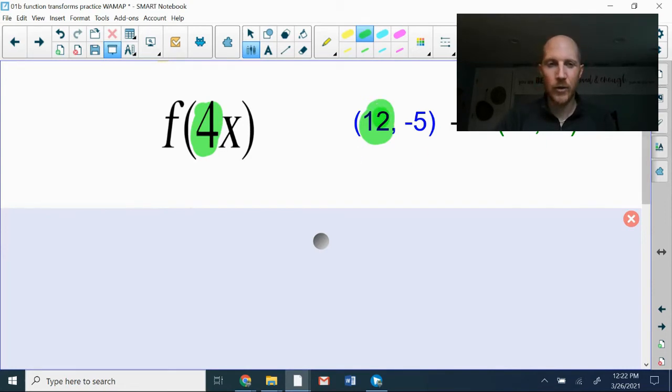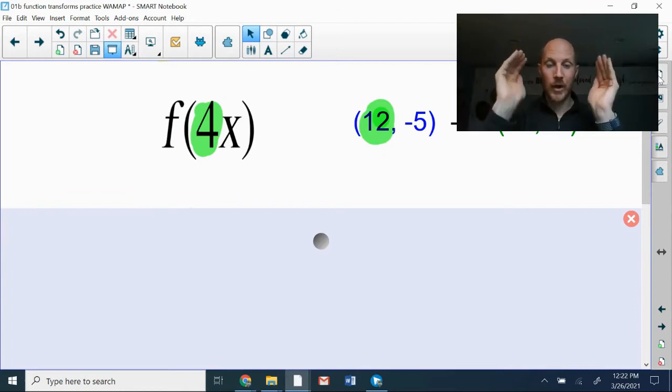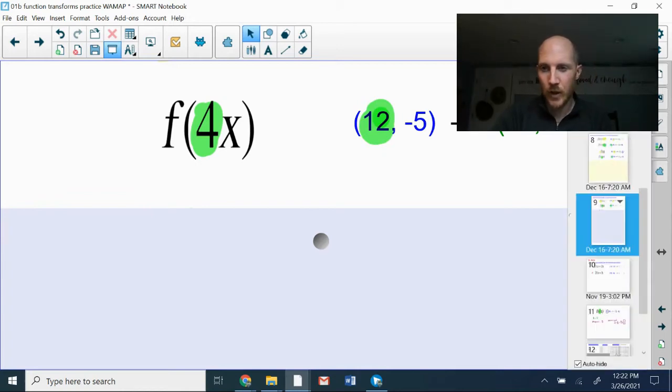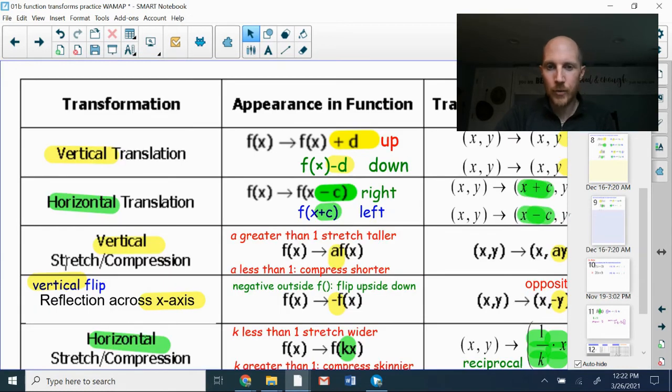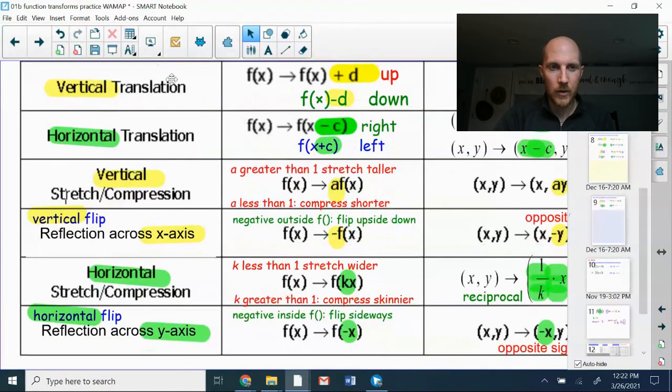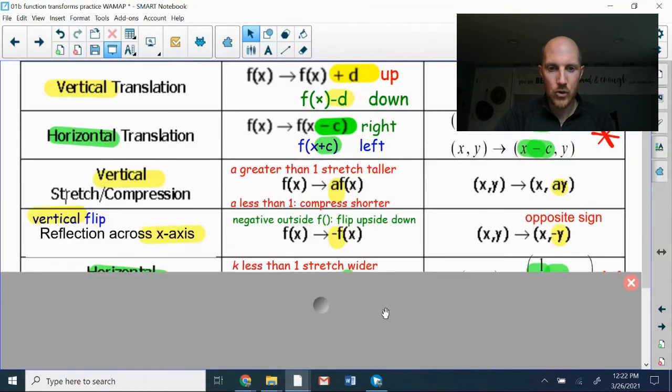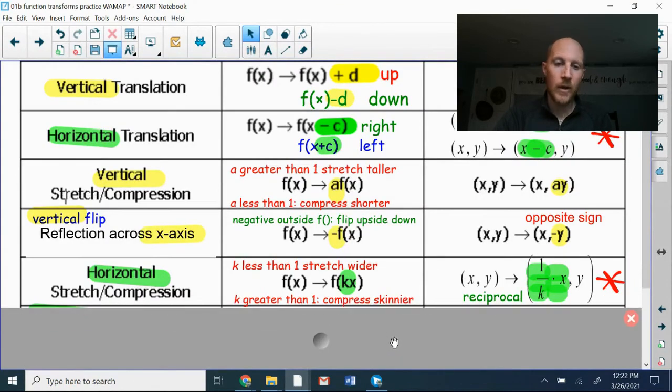So let's go back and check our notes, anytime you can't figure out what that transformation is, or you want to make sure you're doing this the right way. So we're looking for f of number times x, where that number is inside the parentheses with the x. So we jump back here to our notes page, and there it is.